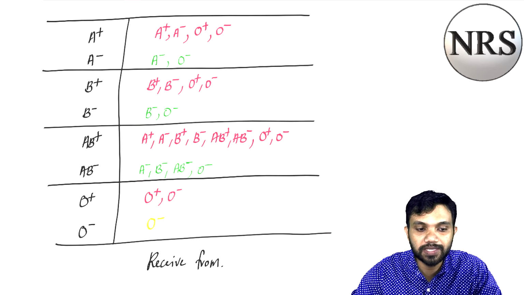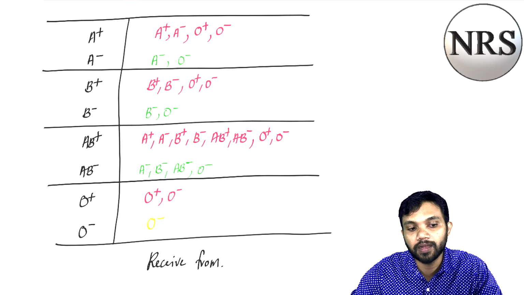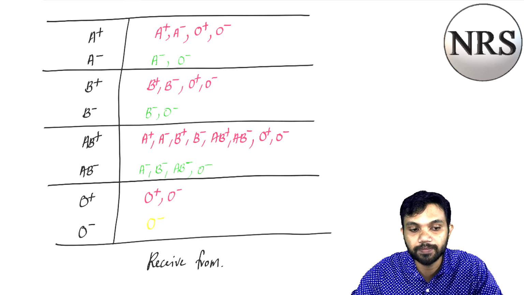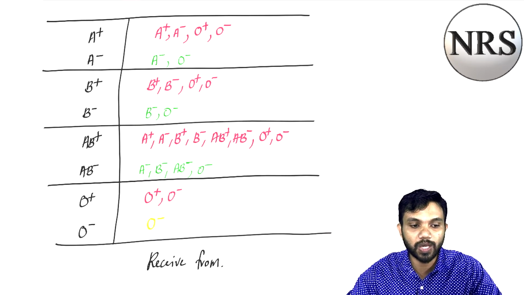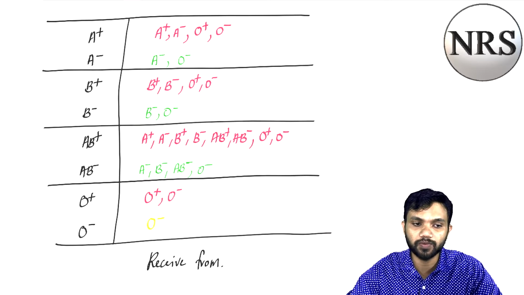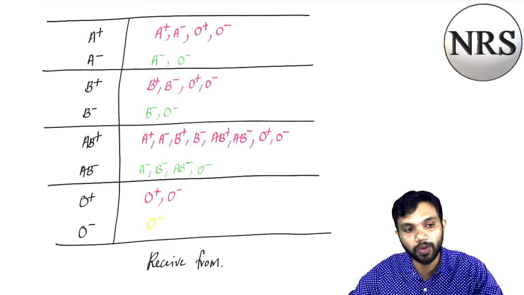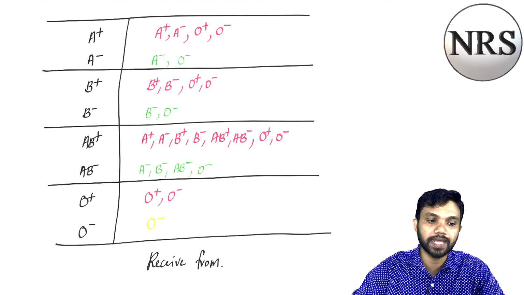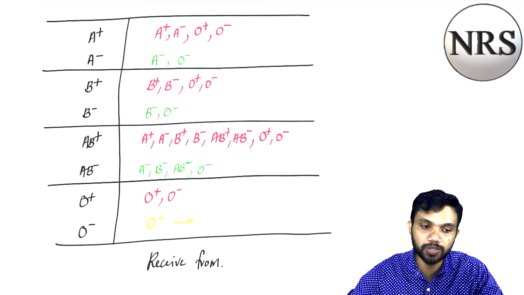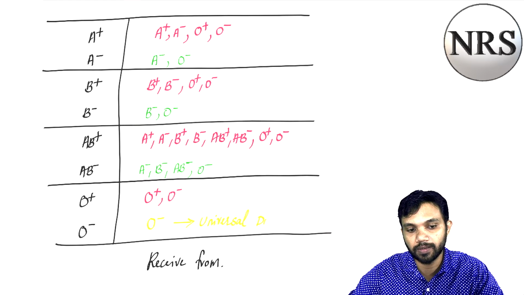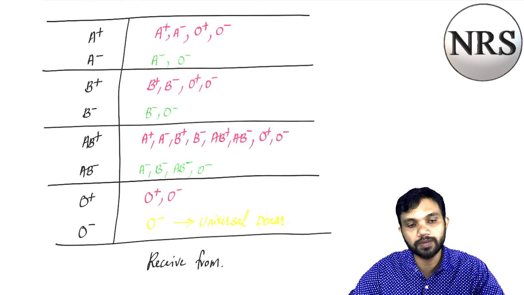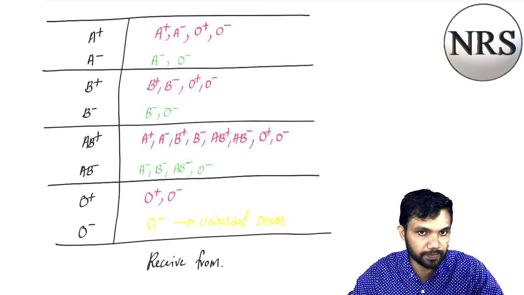So this person can give his blood to anyone. You can see O negative, O negative, O negative everywhere. He can give blood to all. That is, he becomes the universal donor.